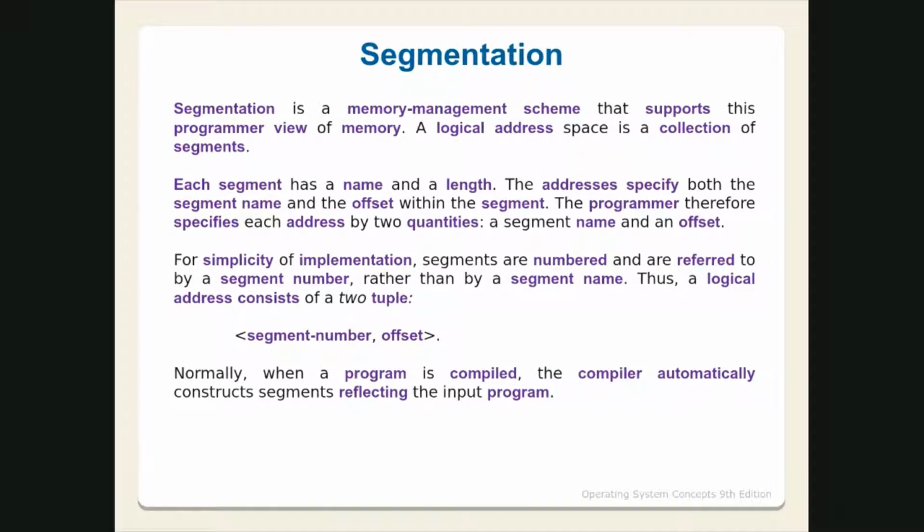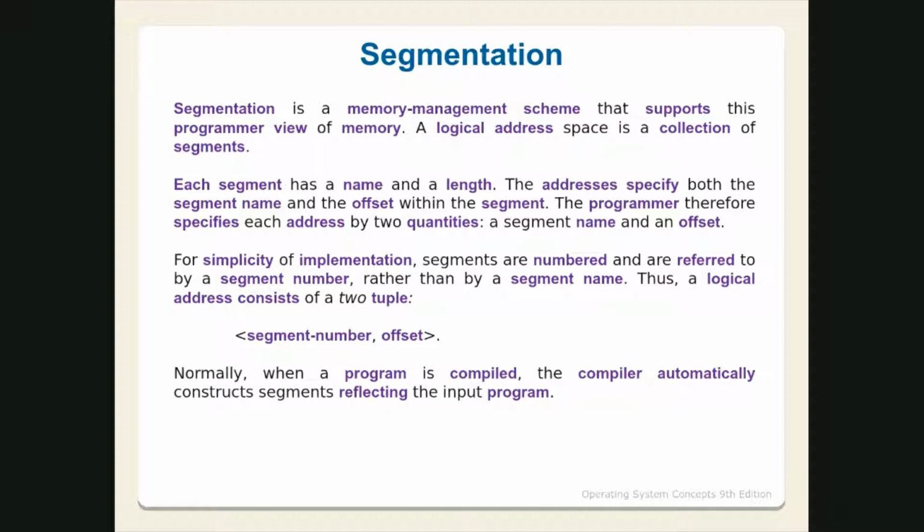Name is hard to understand. Like every one of us has a student number, a student name and a student number, the easy thing is the student number, because there may be many students with the same name, so it is not going to be unique. So let's have a number, a segment number.